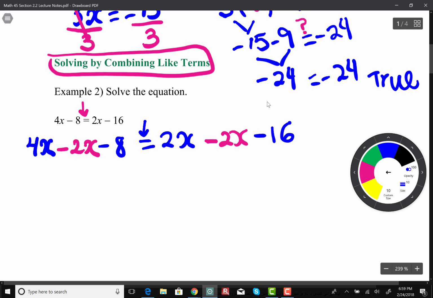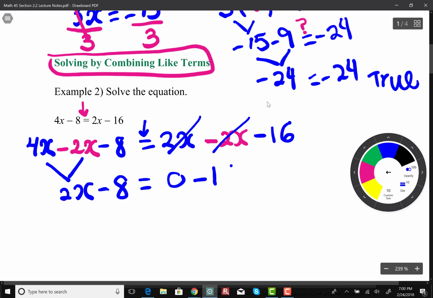This is the addition property. We know that positive 2x and negative 2x are opposites, so when you combine them, you get 0. And that's what we're looking for. But on the left side, when you combine these, we get 4x minus 2x, which is positive 2x. And then negative 8 equals 0 minus 16. I'm going to write it again. 0 minus 16 is minus 16.